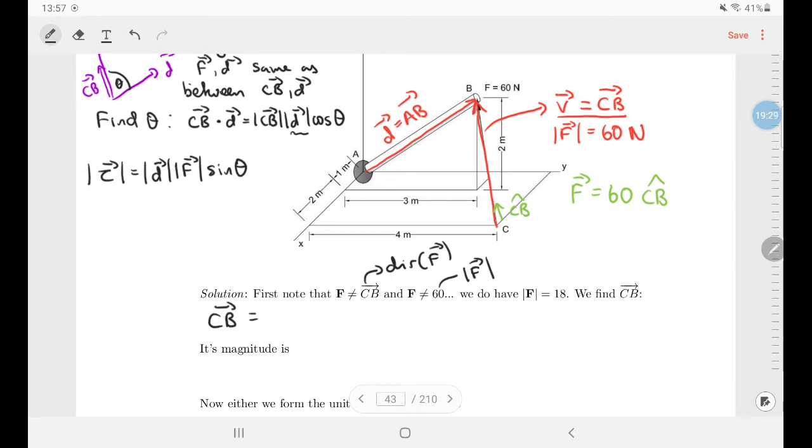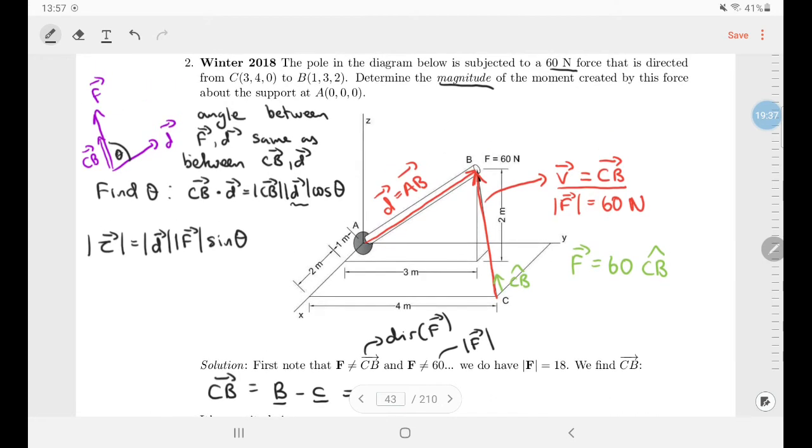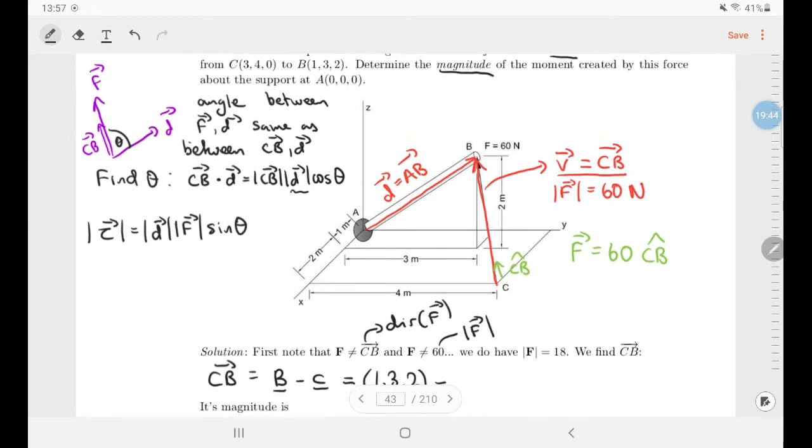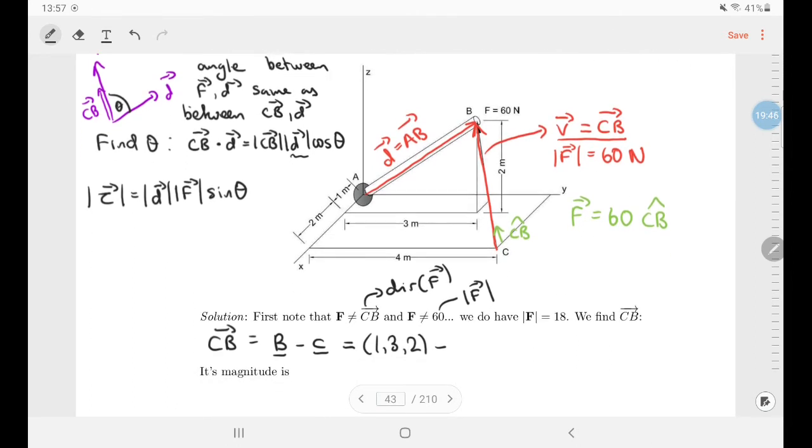It is, as before, the coordinates of B minus the coordinates of C. The coordinates of B are surely up in the question, 1, 3, 2. Minus C, which is 3, 4, 0. So you get 1 minus 3, which is minus 2, 3 minus 4, which is minus 1, and 2 minus 0, which is 2.